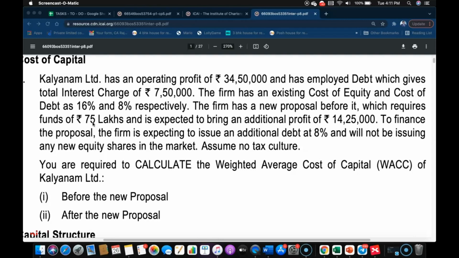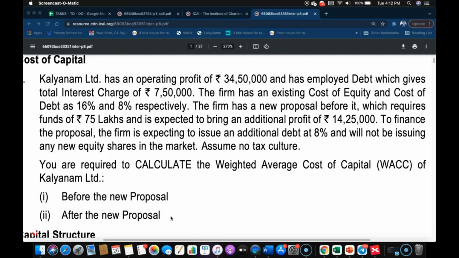The new interest is 75 lakhs multiplied by 8%. That will give you the profit available for equity shareholders. If you compare that with the equity capital, you will get the new cost of equity. Then finding the overall weighted average cost of capital after the new proposal also becomes very simple.